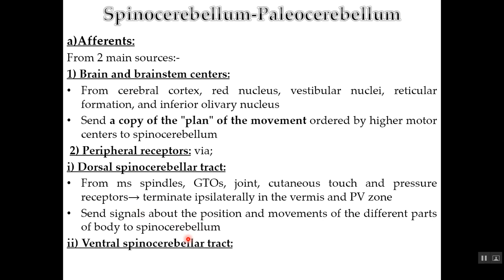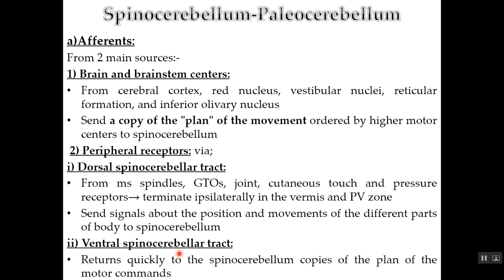The second tract, which is coming from the peripheral receptors, is the ventral spinocerebellar tract. This tract will return quickly to the spinocerebellum copies of the plan of the motor commands or the motor orders.